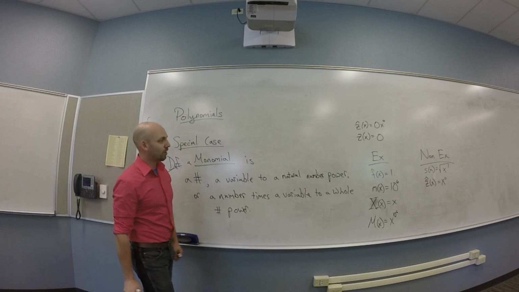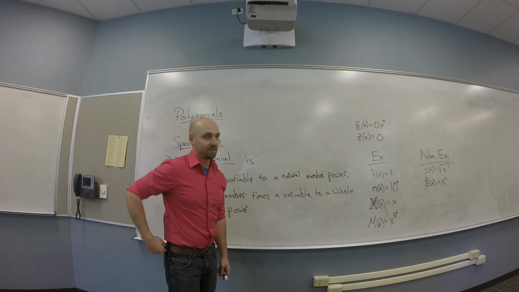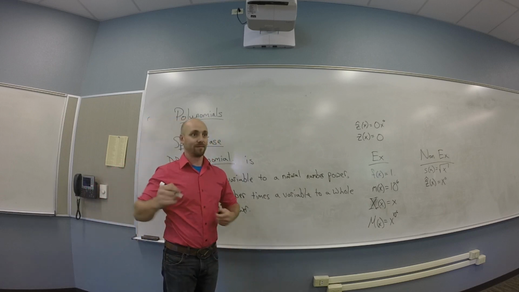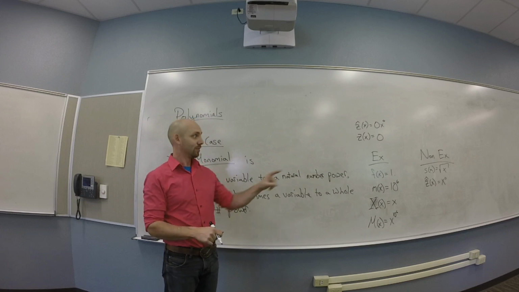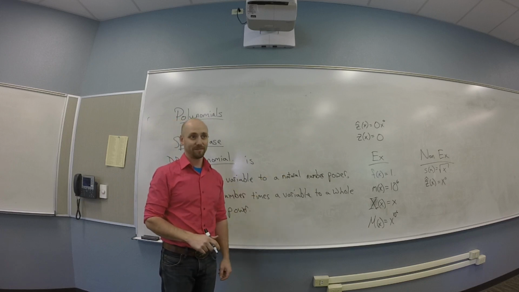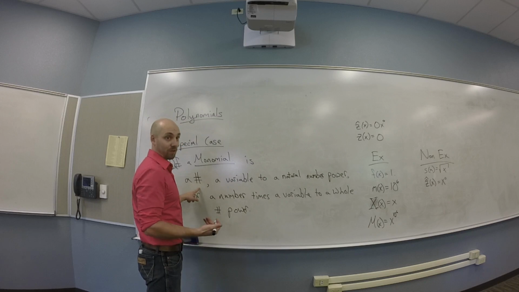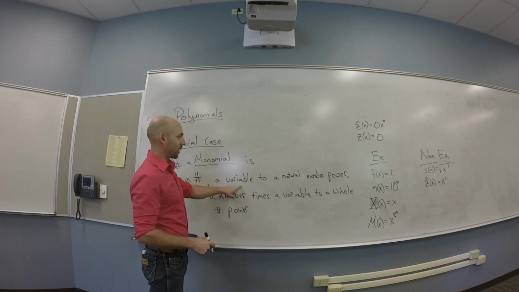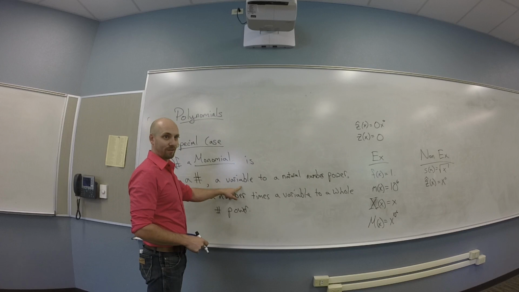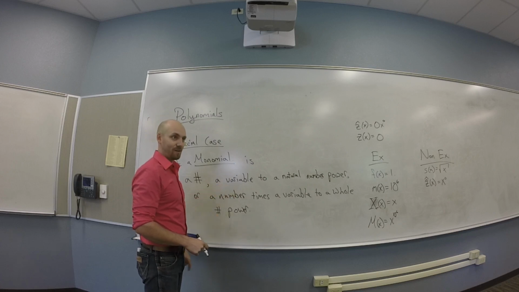Let's see. How about sine of x? Where does that live? Is that a monomial or not a monomial? It's not a number, right? It's a function. Is it a variable to a natural number power? Is sine of x x to the 15th power? No, not for any value of 15.